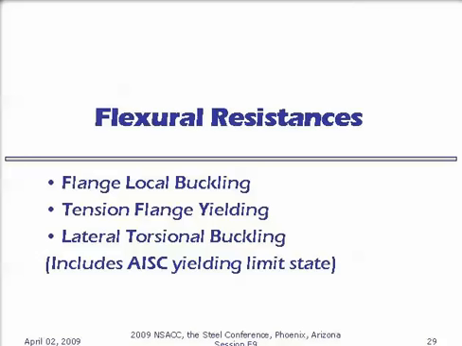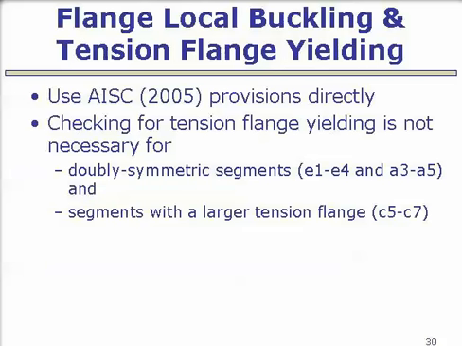And now Yoon-Duk is going to walk through the flexural resistance. Okay, so for flexural resistances, in general we look at flange local buckling, tension flange yielding, and lateral torsional buckling. We include the AISC yielding limit state for the flexural resistances. For flange local buckling and tension flange yielding, these checks are basically cross-section checks.